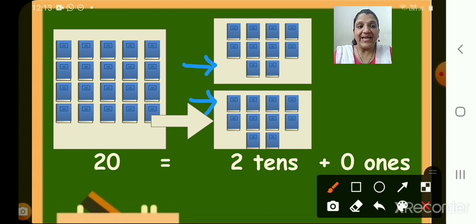And we call it as 2 tens. And how many books left? 0. So, we call it as 0 ones. So, we read 20 as 20 equals 2 tens plus 0 ones. Thus, we find number 2 at tens place and number 0 at ones place in number 20. Have you understood, children?